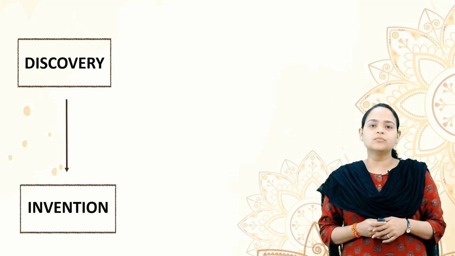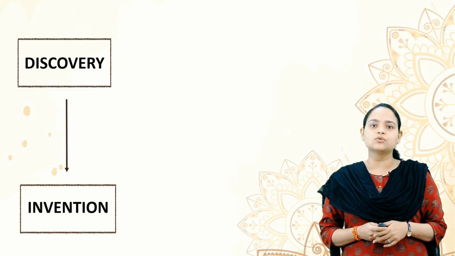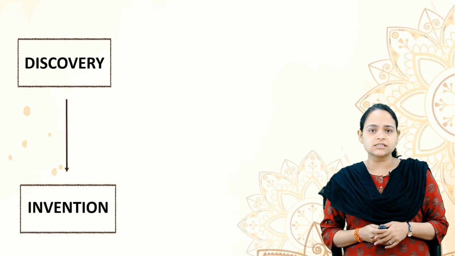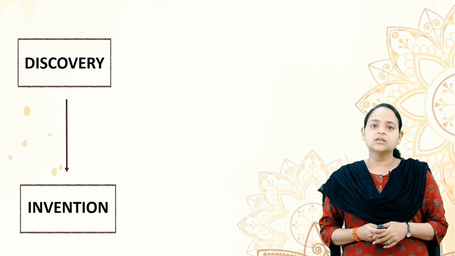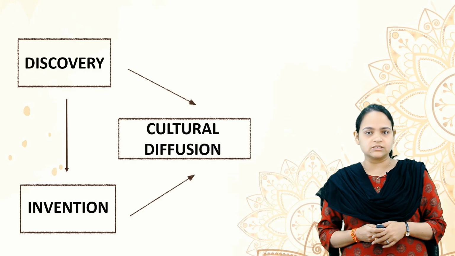In the early stages of human history, culture changed rather slowly through discovery. As the number of discoveries in a culture increased, inventions became possible. The more inventions there were, the more rapidly further inventions could be created. At the same time, more and more diverse cultures came into contact with one another, which is why they could each take advantage of the other's innovations.